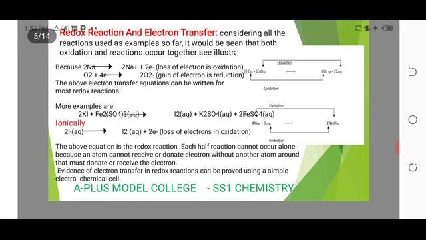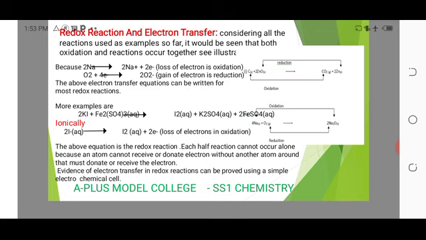Now let's look at the redox reaction. We said redox reactions take place simultaneously, and let's talk about them in terms of electron transfer. Considering all the reactions used as examples so far, we have seen that both oxidation and reduction occur together. Now let's look at the equation at the right.